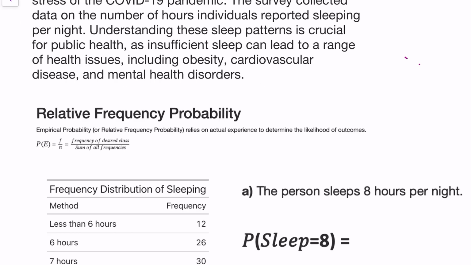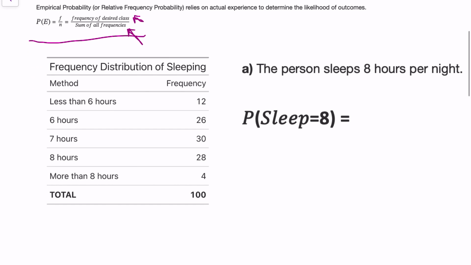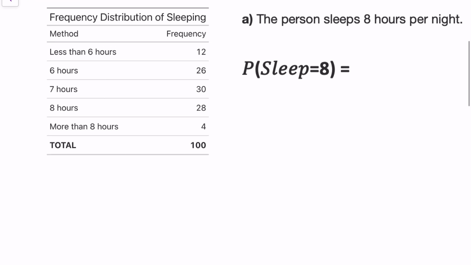Here's our formula for empirical or relative frequency probability. We're going to need the frequency of the desired class, and we're going to need the sum of all the frequencies. So the first bullet point question is going to ask us what's the probability that a person sleeps 8 hours per night according to the frequencies that we got from the survey.